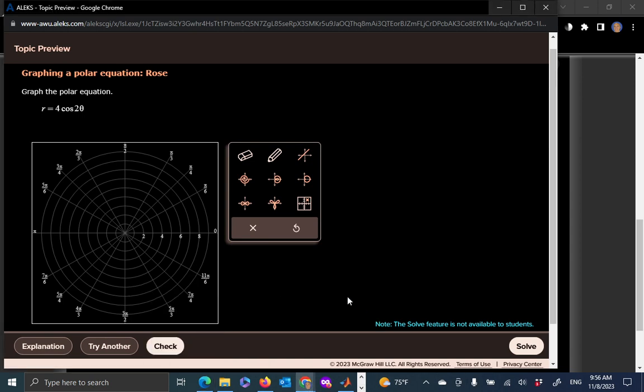Okay, here is a new one to draw. Now we have r equals 4 cosine of 2 theta, and we are taking an example of the multiple being an even number. You remember in that case we had twice as many petals, and the easiest thing was to consider the x and y axes as signposts and get our bearings from them.